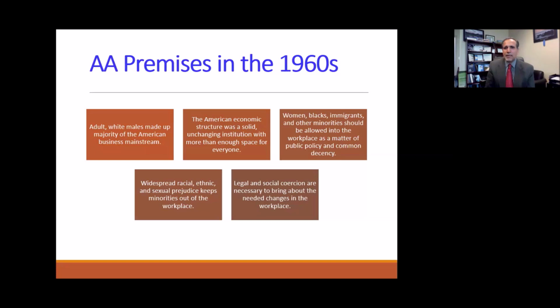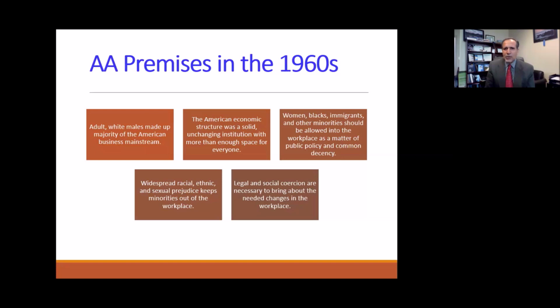Another one was that the American economic structure was a solid, unchanging institution with more than enough space for everyone. Another one was that women, blacks, immigrants, and other minorities should be allowed into the workplace as a matter of public policy and common decency. And the fact that widespread racial, ethnic, and sexual prejudices kept minorities out of the workplace.